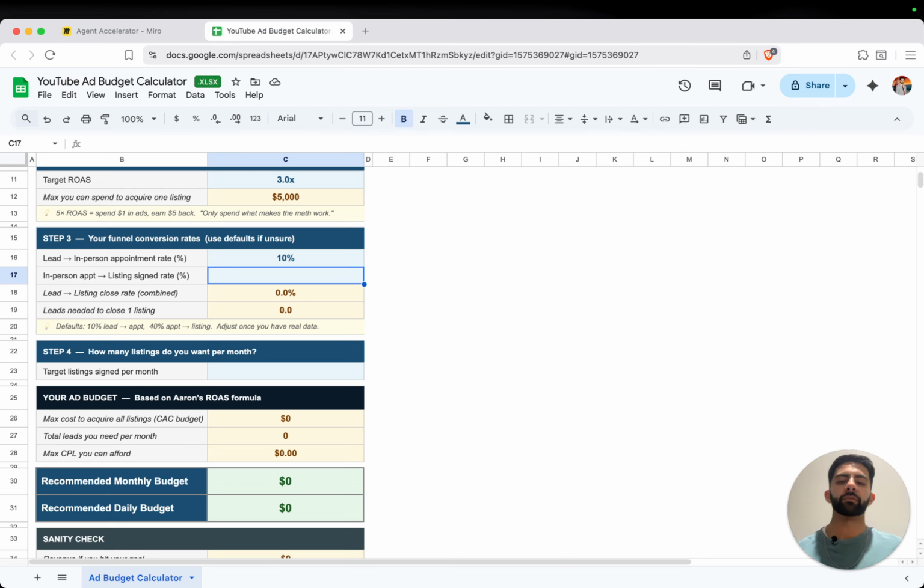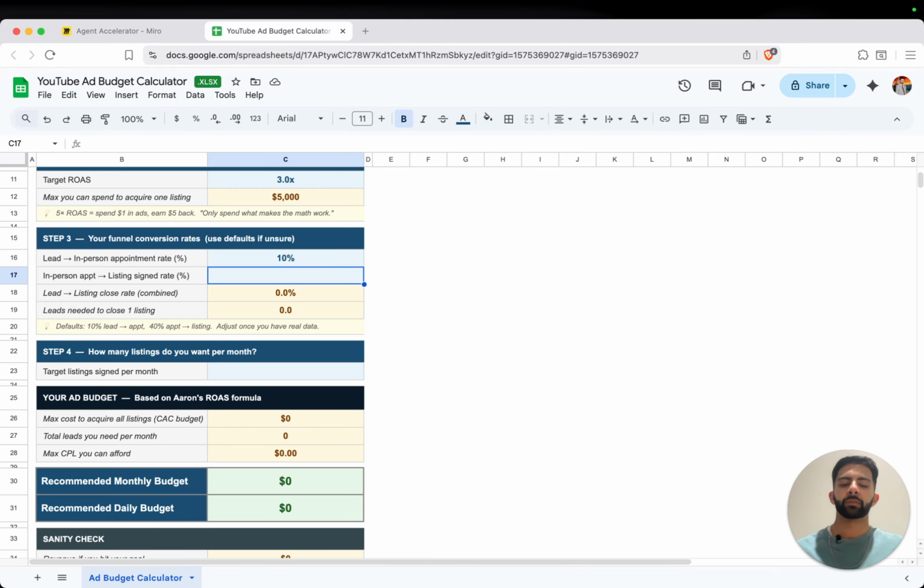Now, whenever you're at an in-person appointment, what is your conversion rate? Most agents and teams that I speak to will, to be honest, overinflate this number because they're only factoring in the people that they have in their immediate sphere, their word of mouth and referrals, which is totally fine. But as a general rule of thumb, I would go anywhere from 25%, so 1 in 4, all the way up to 50% at a max, which is 1 in 2, for online opportunities specifically.